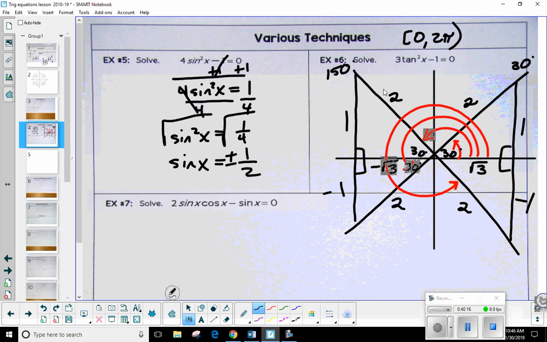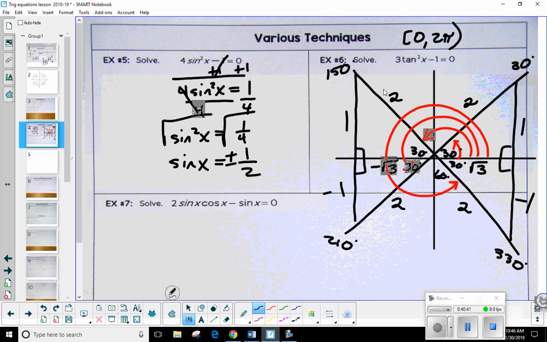Okay, that would be 210. And now here's where you want to be careful. That's 30, so that means this would be 60. So 3/4 we know is 270 plus 60. So that'd be 300 and what more? 330.